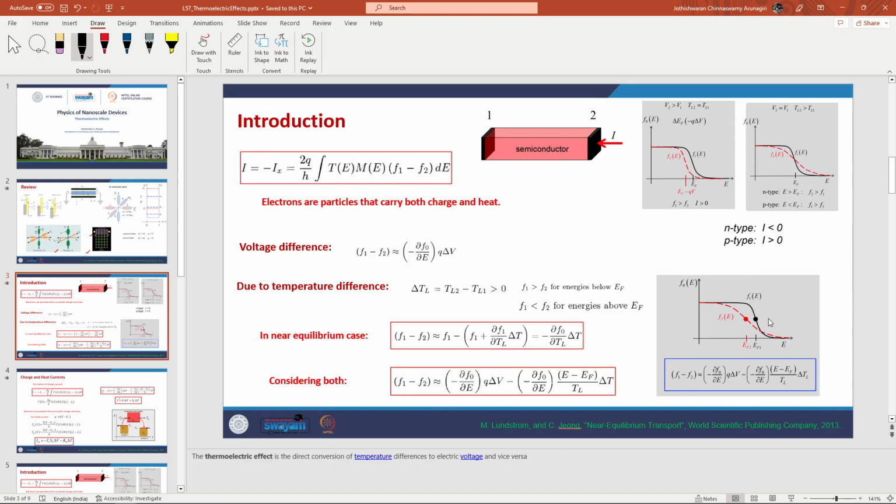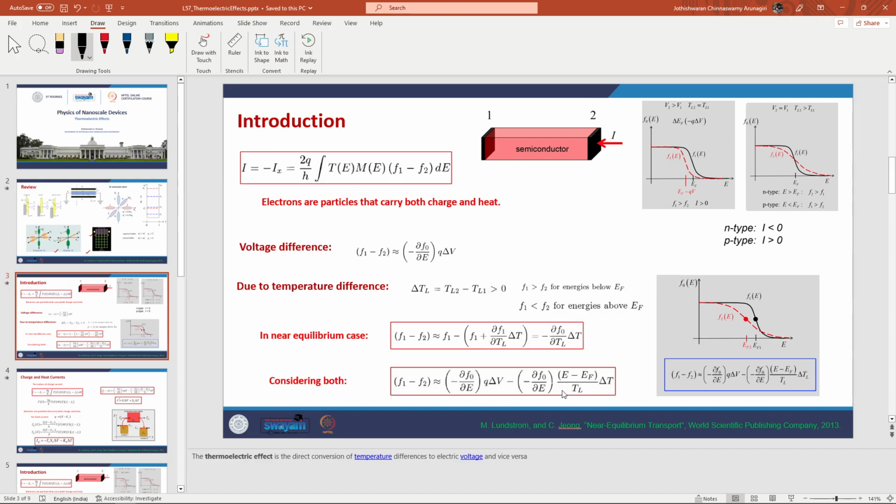So when both of these effects are combined, there will be a shift and the profile will also change. And thanks to our approximation, this combined effect can be treated using the same energy derivative of the function. Of course, this is an approximation for small voltages and small temperatures.